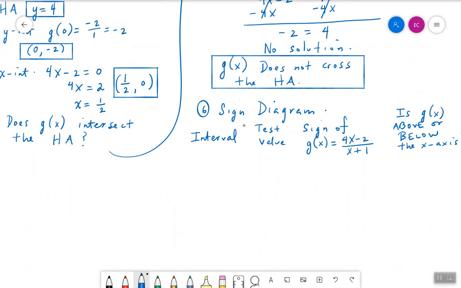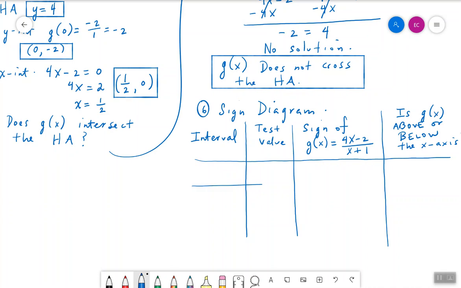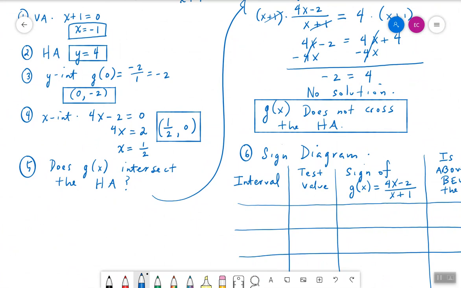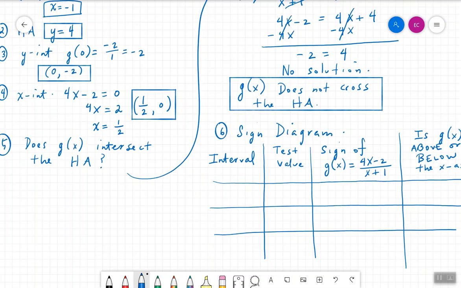Do you remember how we make the intervals? We want to look at the x-intercepts and also at the vertical asymptotes. So there's only one x-intercept at 1/2, and there's only one vertical asymptote at -1.